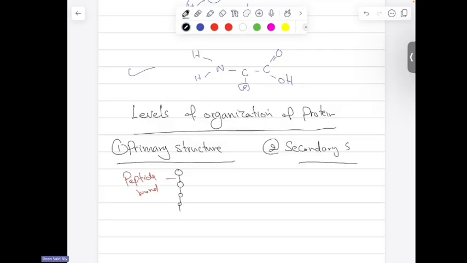What about the difference between the primary and the secondary? The primary structure coils by this way and they form alpha helix, or they form a zigzag and we call it beta sheet.